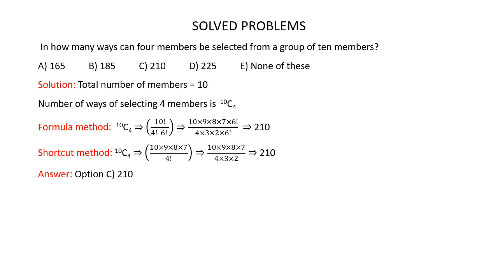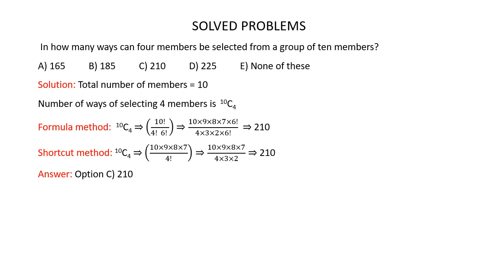Now the value of 10C4 can also be found using the shortcut method. Here starting with 10 in the descending order, there has to be a multiplication of 4 numbers and this has to be in the numerator. So 10 multiplied by 9 multiplied by 8 multiplied by 7 is in the numerator, and in the denominator it is 4 factorial because 4 is the subscript here.